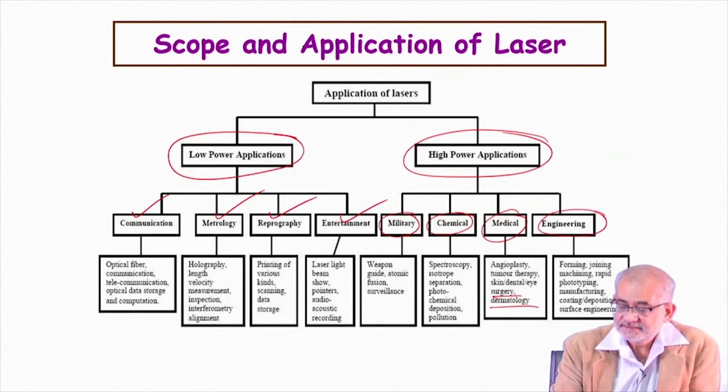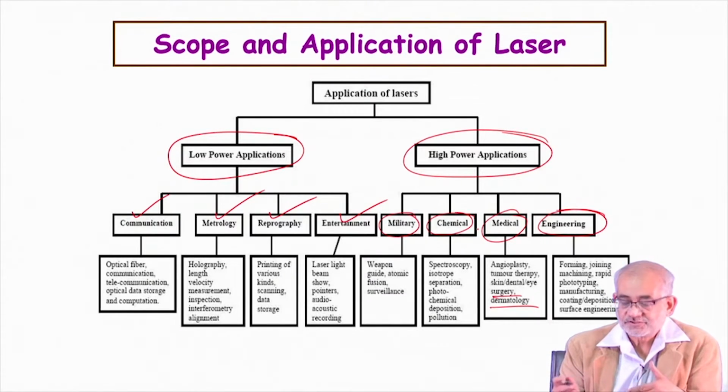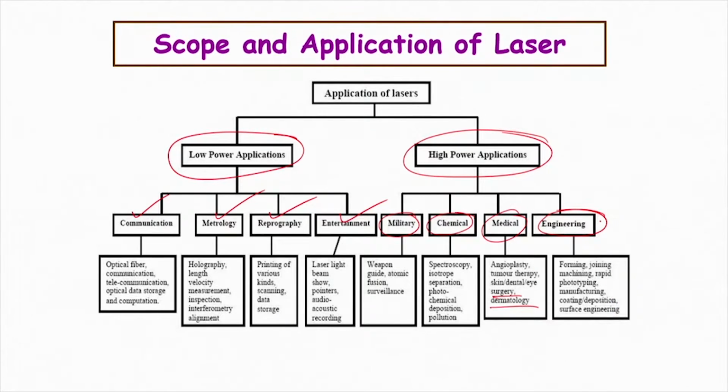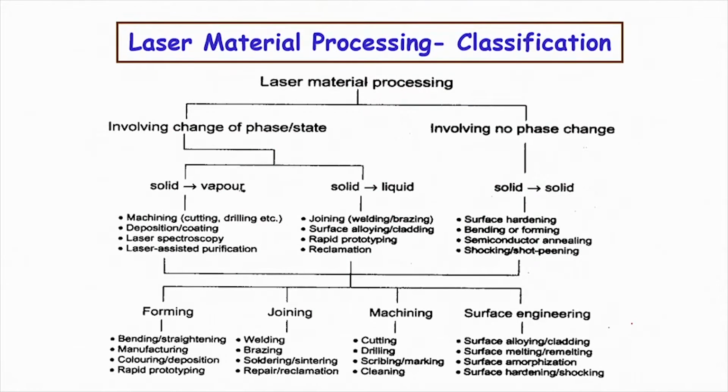But in engineering, we have various possibilities. Typically, what we do for engineering or manufacturing, we essentially call laser material processing. This laser material processing essentially can be in the form of forming, joining, machining, prototyping, manufacturing, coating, deposition, surface engineering, so various forms of applications.